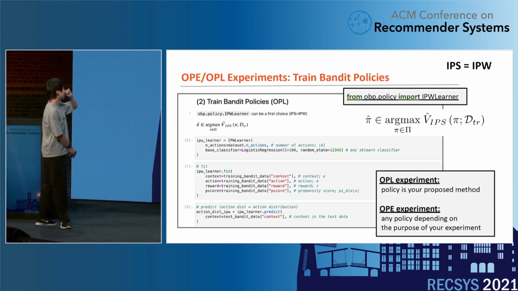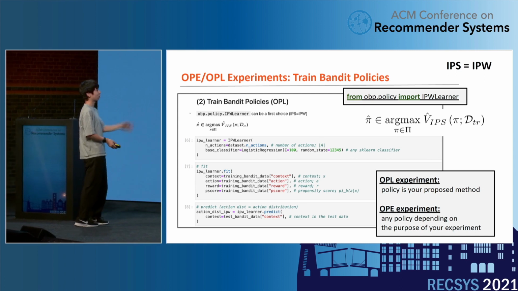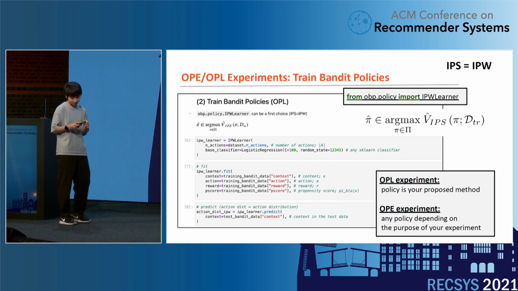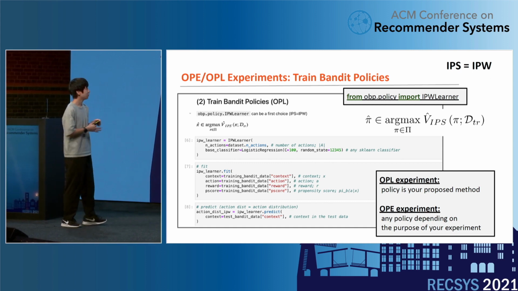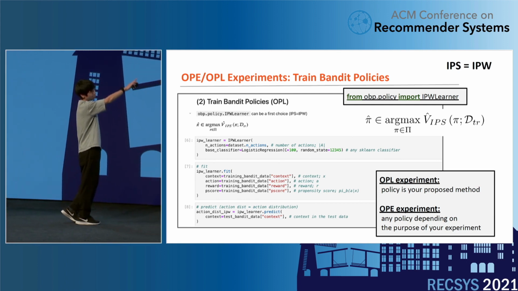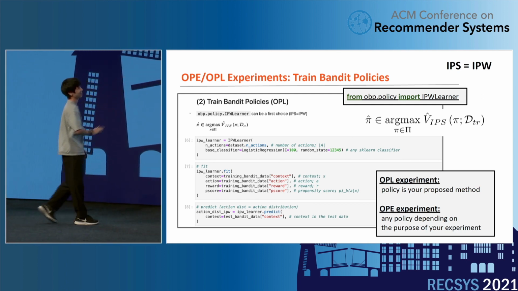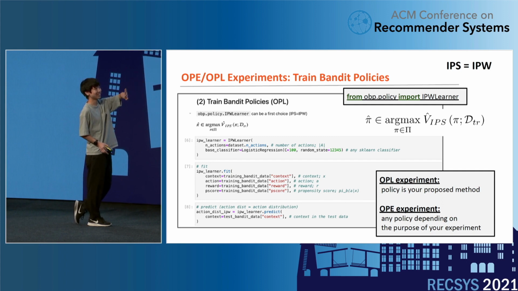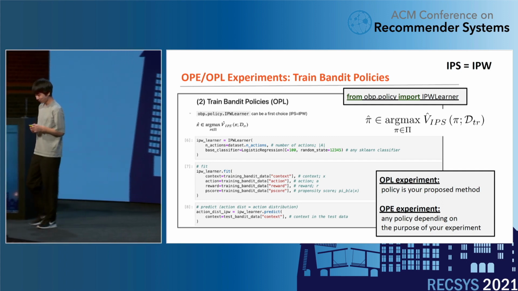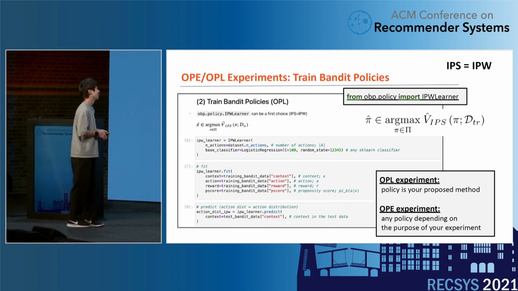The next step is training bandit policies, or off-policy learning. There are some off-policy learning methods implemented in the package, but I think the first choice is going to be the IPW learner, which is implemented in the policy module of the package. IPS and IPW are exactly the same, just different names, and the package uses IPW.